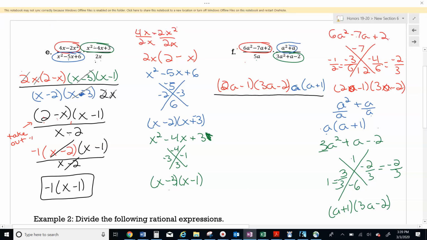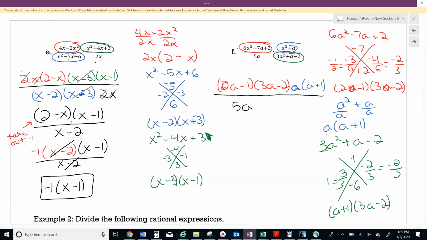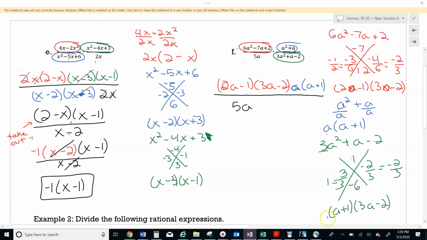My denominators, I have this 5a, and then the green, which is a plus 1. Going through and canceling, I have an a plus 1 here. I have a 3a minus 2, and then I have this a and this a. The a's do cancel out.